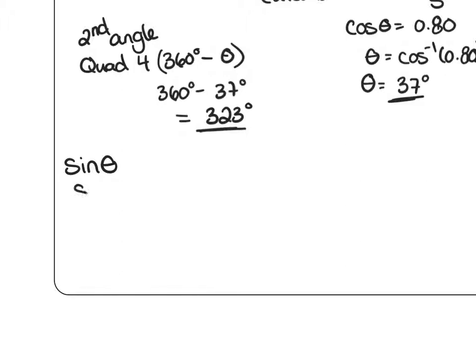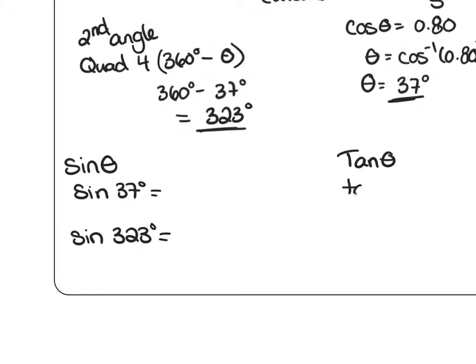So for sine 37 degrees, we'll calculate it, and then sine 323 and calculate it. And then we'll do the same for tan theta. So we'll calculate tan 37 and we'll calculate tan 323.